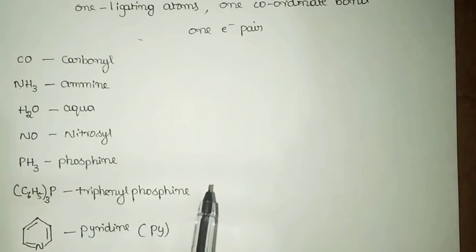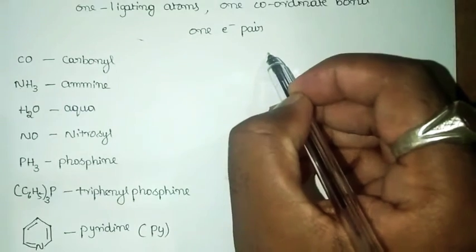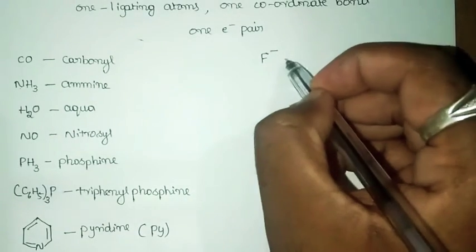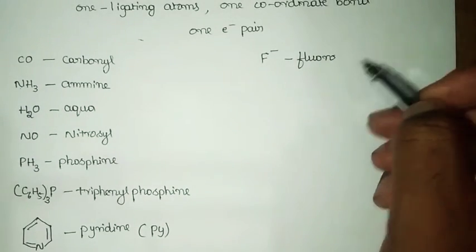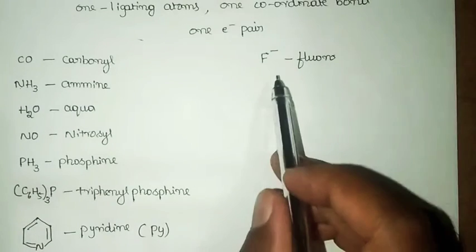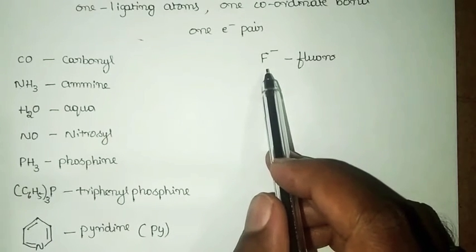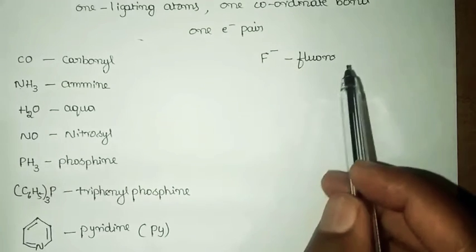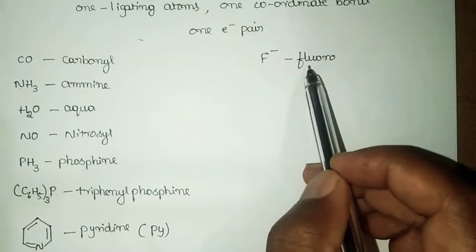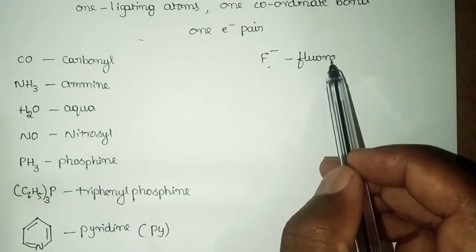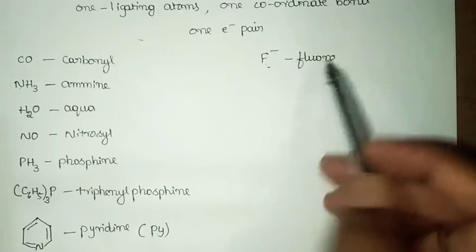Now we shall go with the negatively charged monodentate ligands. The first one, let us go with the halogens, that is F minus. It will be called fluoro. And remember, whenever you are writing the name of a negatively charged ligand, the name should end with the letter O. So F minus is fluoro.